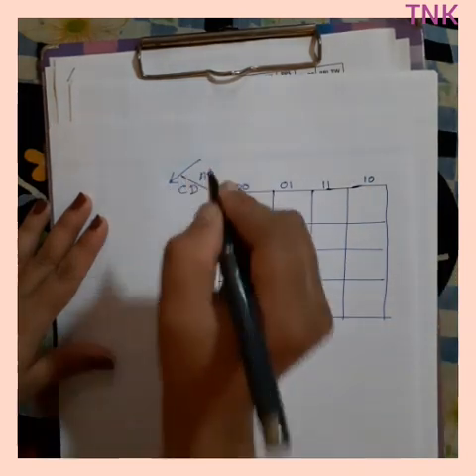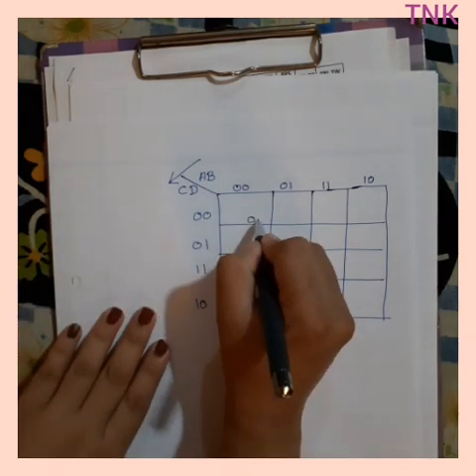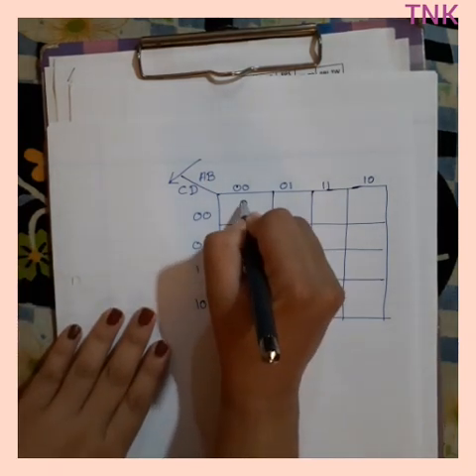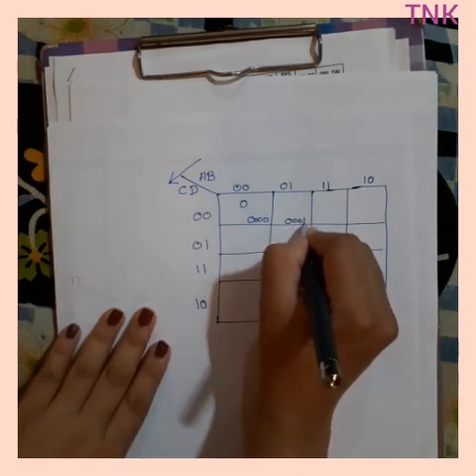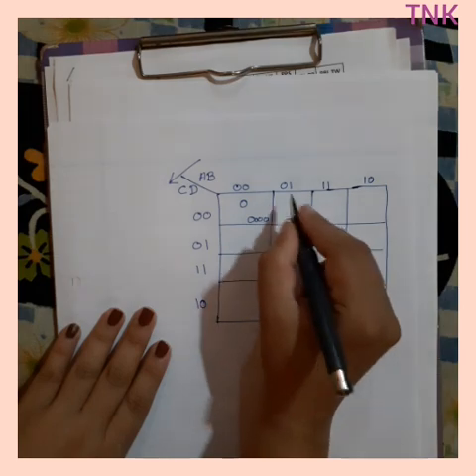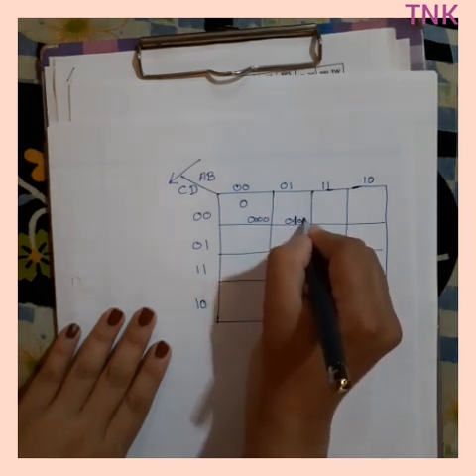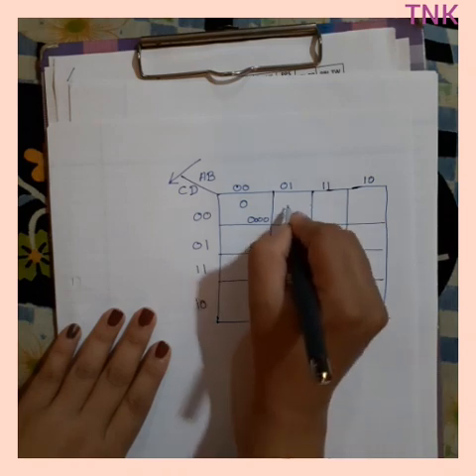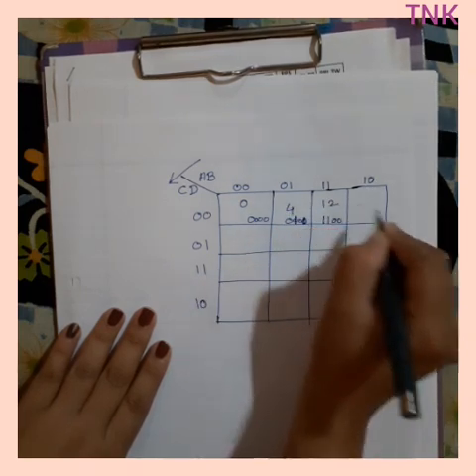You have to read the equation in this direction A, B, C, D. So the first cell will be 0 0 0 0, that is 0. Second cell is 0 1 0 0, that is 4. Third cell is 1 1 0 0, it's 12.